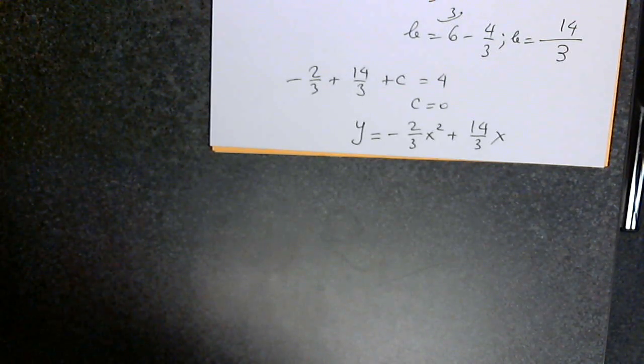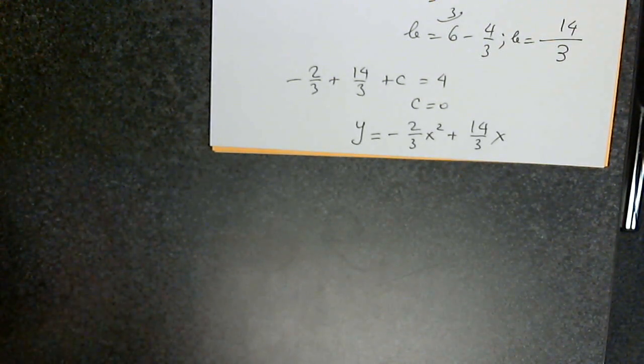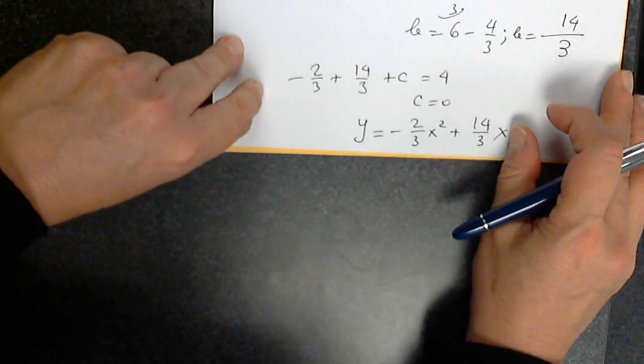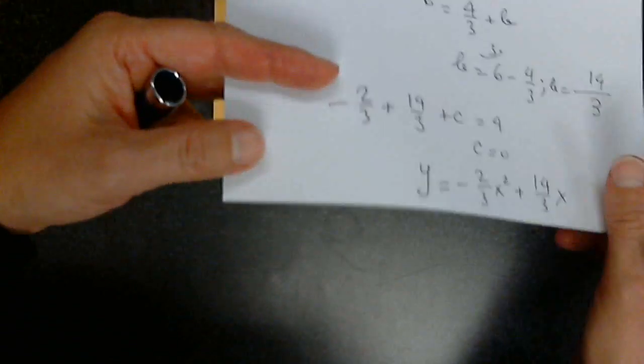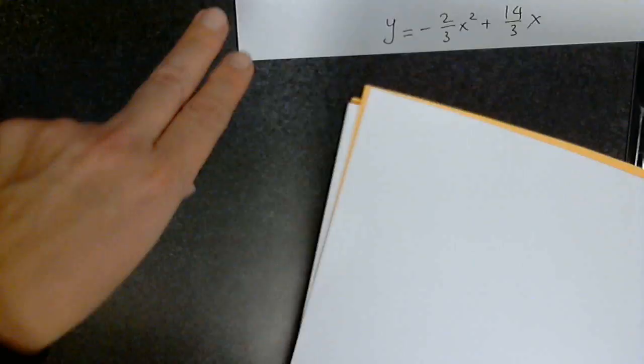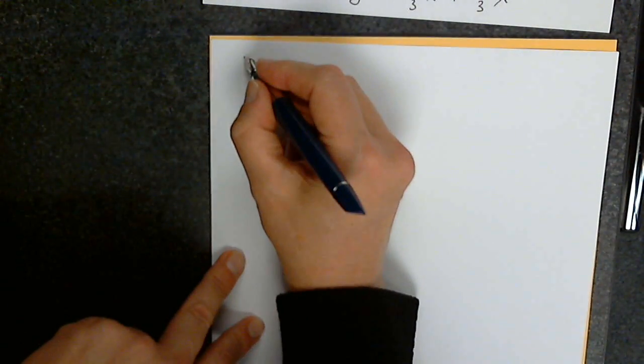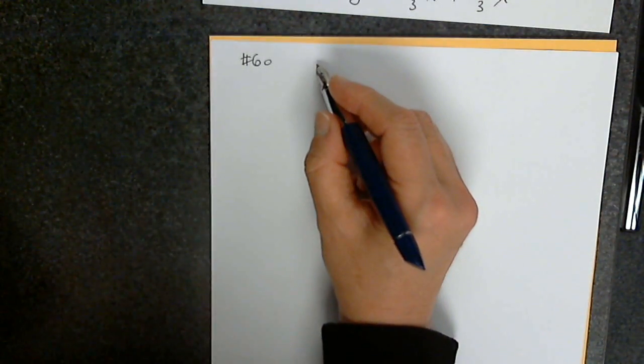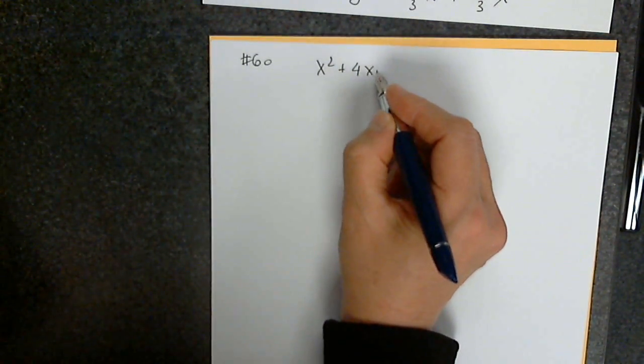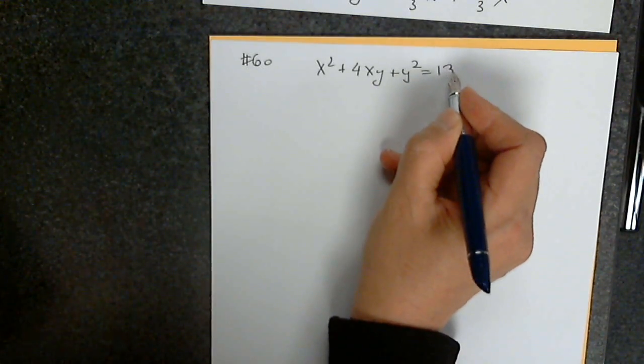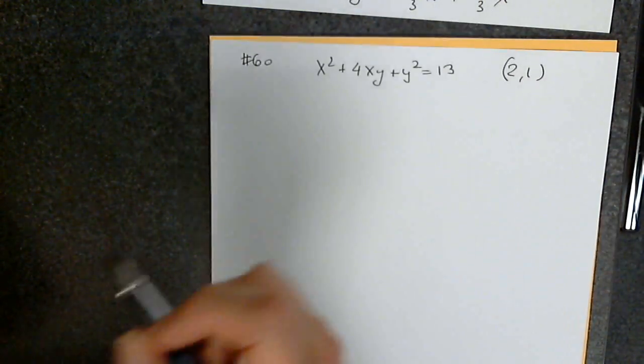I think we're okay with implicit differentiation. Problem 60: x squared plus 4xy plus y squared equals 13, and the point is (2, 1).